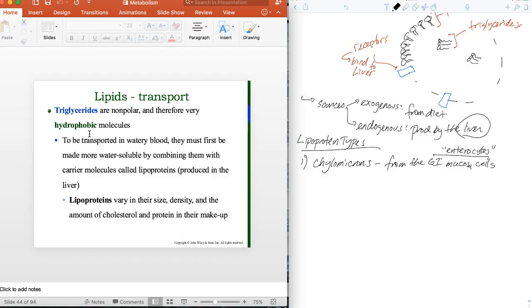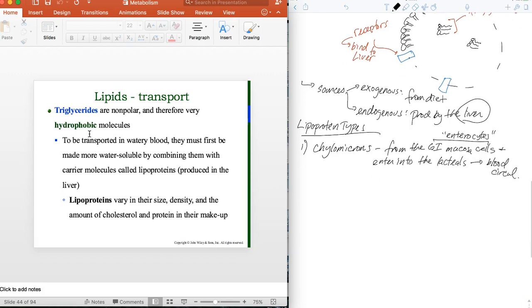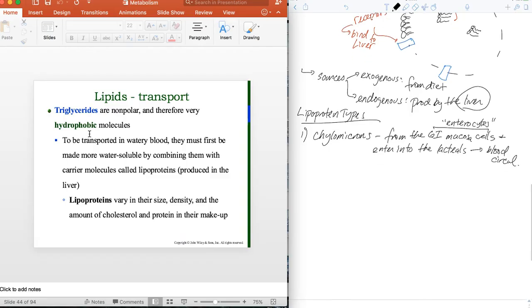And these are the ones that'll actually enter into the lacteals, but then eventually they will go into blood circulation. So remember, the core of each villus is a lacteal, and then eventually all that stuff will drain into the cisterna chyli, the thoracic duct, which then allows it to go into the blood.